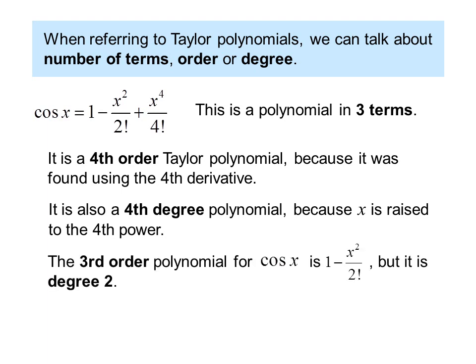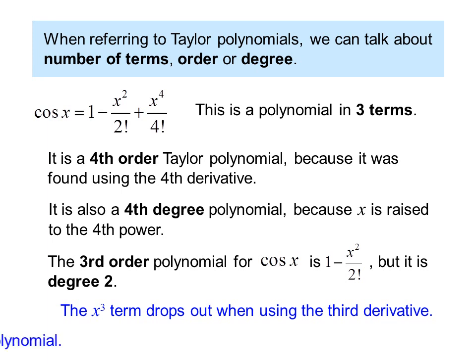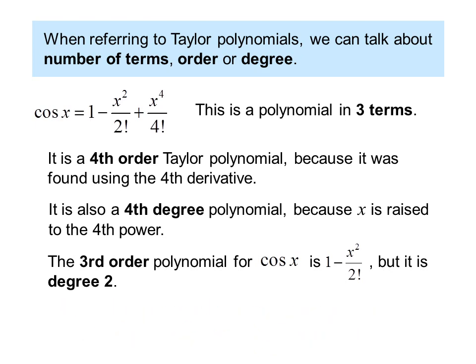The third order Taylor polynomial for cosine x is 1 minus x squared over 2 factorial, but it is degree 2. The x cubed term drops out when using the third derivative. This is also the second order polynomial.